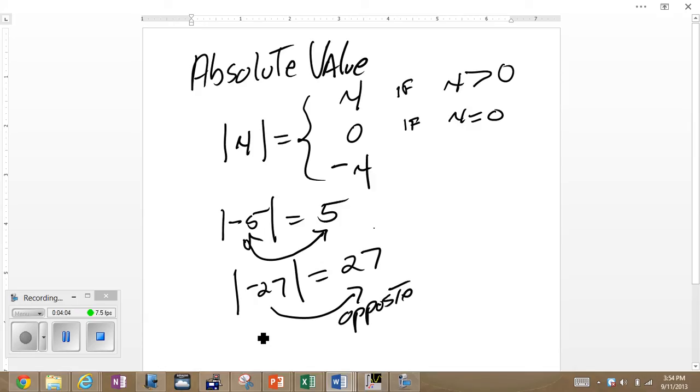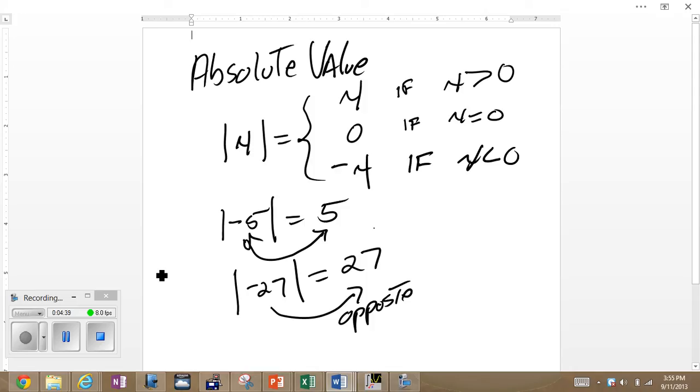So any negative that we give it, what the absolute value does is turn it into its opposite. So the statement up here is completed when we say if x is less than 0, then the absolute value of x is equal to the opposite of x. The absolute value of -27 is 27. When you give an absolute value a negative, it turns it to its opposite.